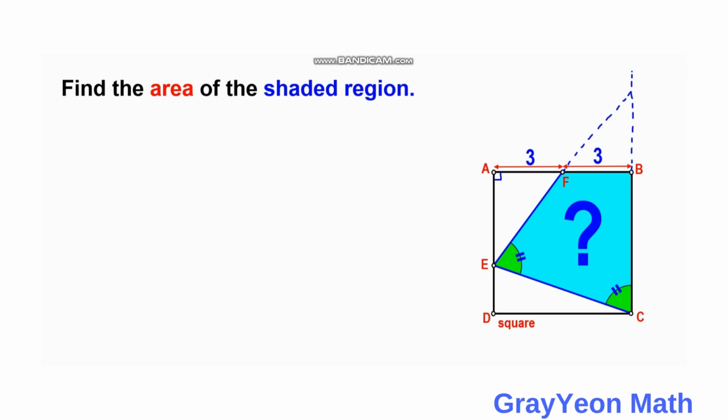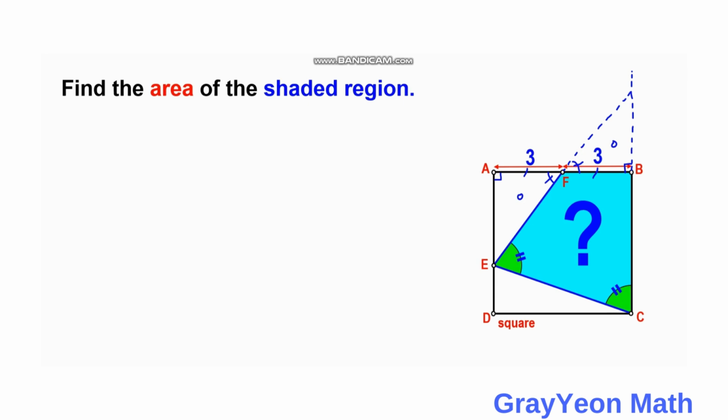And when we draw a vertical line, this is a 90-degree angle. These two angles at F are actually vertical angles and therefore they are congruent. And these two segments 3 and 3 are congruent as given. So by the angle-side-angle congruence theorem, these two triangles are congruent.